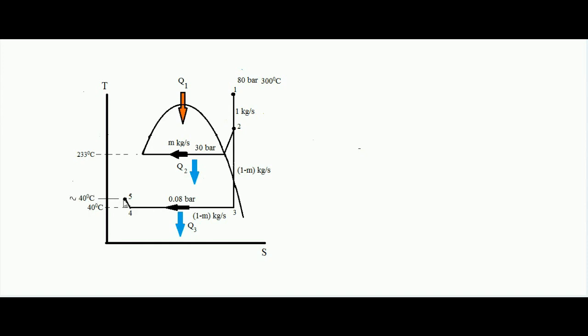So at point 5 liquid water is available at 40 degrees centigrade, and over here steam is rejecting heat at 230 degrees centigrade. Now, whatever amount of heat is rejected by this steam, taking out steam from an intervening point of the turbine is called a steam bleed. So whatever amount of heat it rejects, let it be absorbed by this liquid water.